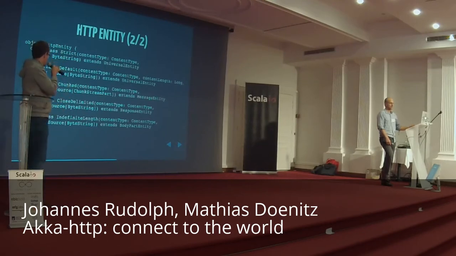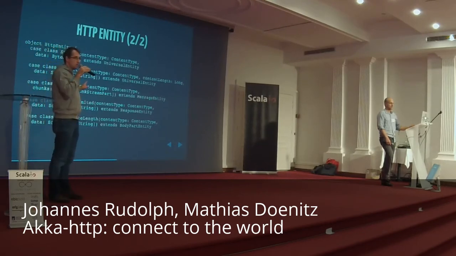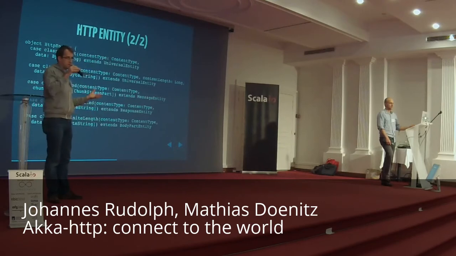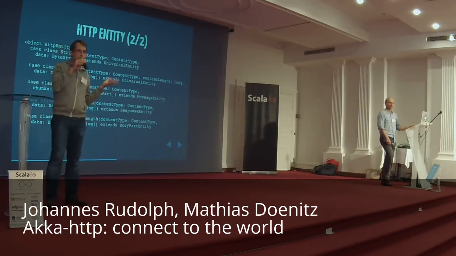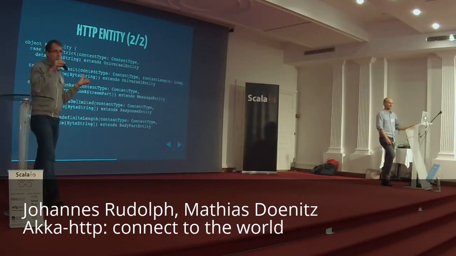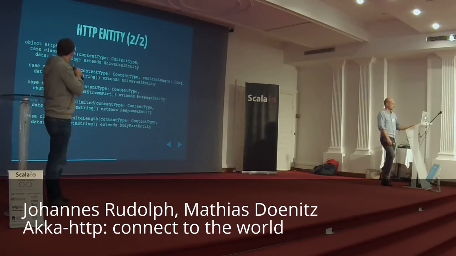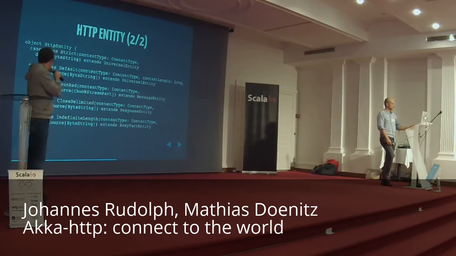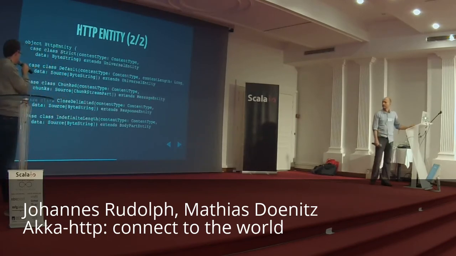This is the type of entity you can only use in responses but not in requests, because it wouldn't make sense to use it in requests, since you can't close the connection after you have sent the request. And then we have a similar thing, basically the same as close-delimited, for body parts. It's called indefinite length.